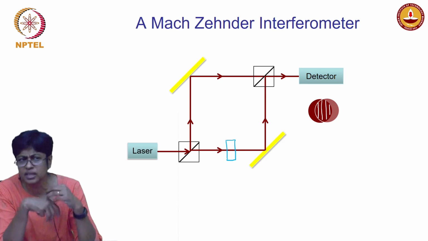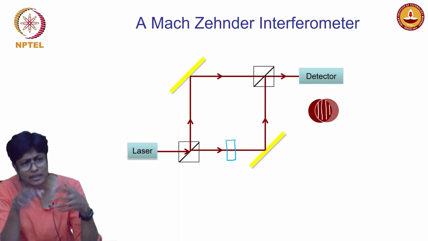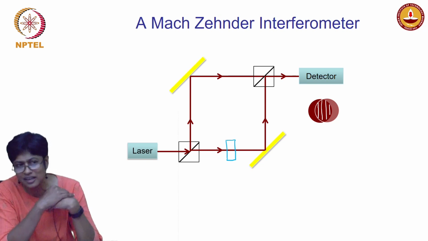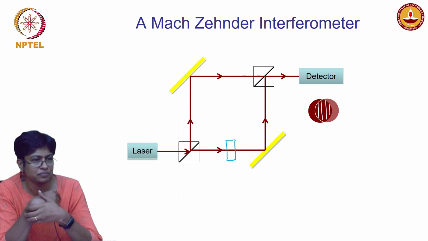Suppose I give you the world's best detector, a detector that's not even been invented yet, and it has super small pixels. Is it only limited by the resolution of the detector?